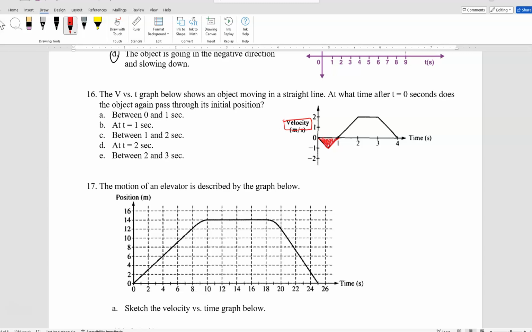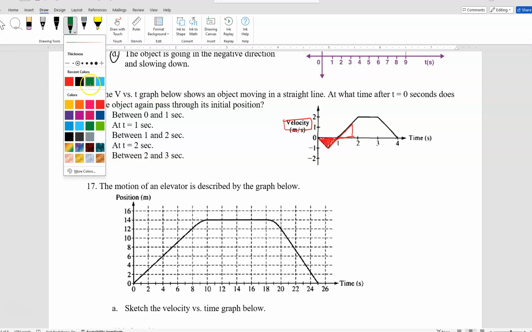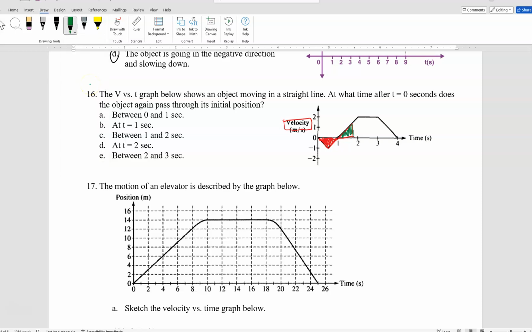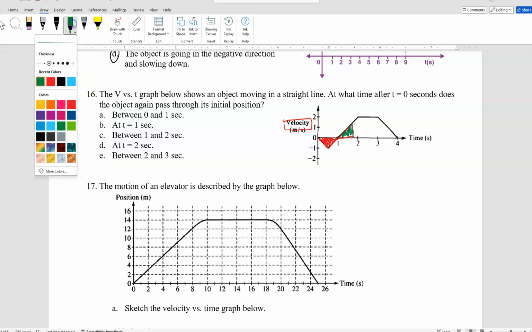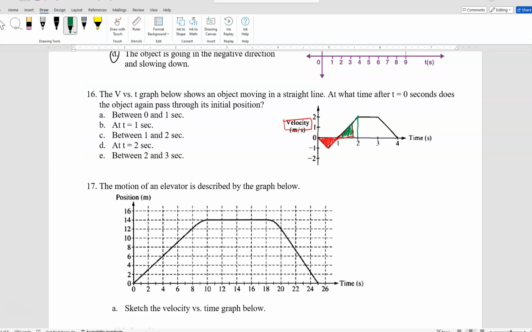In fact, this is the distance, the area that it goes. So I said to myself, when does it have the same amount of area when it goes forward, which is the top half of the graph? And I was like, I don't know, right around there it seems to have the same amount of area. If I went to 2 meters right here and I did this whole triangle, I would see that it is a greater area going forward in the positive than it is in the negative.